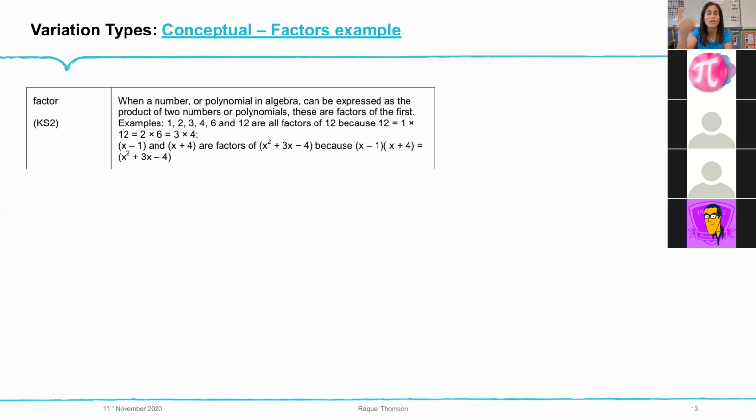Factors. Now, this was an example I just wanted to share with you. It was me playing with variation. I'm sure there are other ways of doing this, but this was a lesson that I was teaching in year 5. What I wanted to do was to teach factors first of all, and then at the end, I wanted them to find common factors between numbers. But what I really wanted was for the children to understand the concept of a factor.